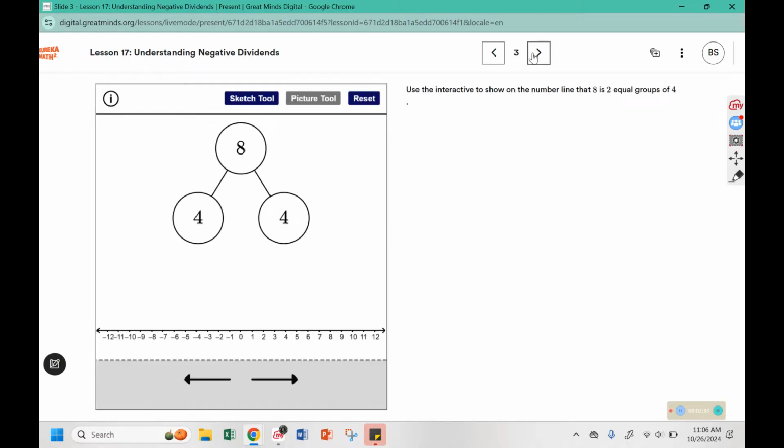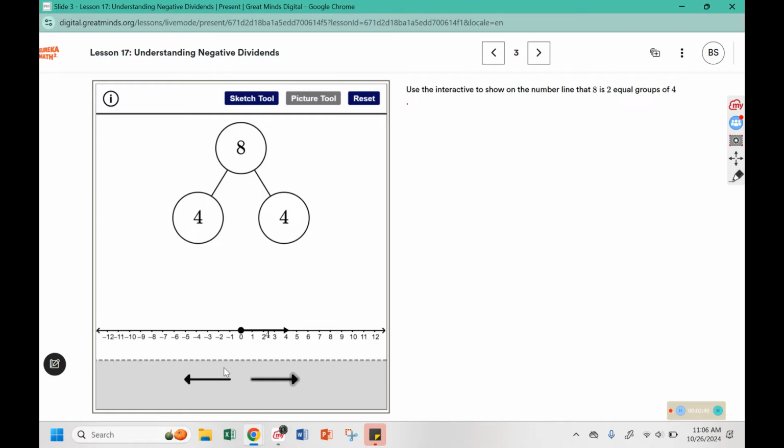Use the interactive to show on the number line that 8 is 2 equal groups of 4. So we have a 4 and another 4, leading us to 8, 2 sets of 4.